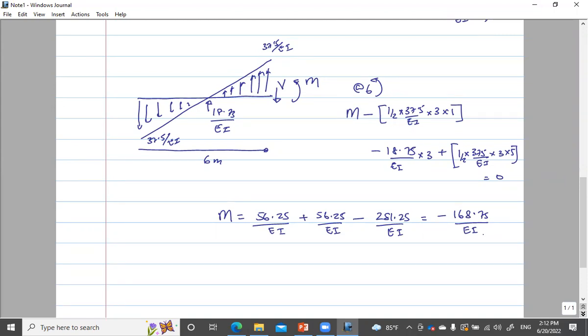Okay. Did we make any mistake anywhere? M is correct. Half 37.5 over EI into 3 is the area into 1. Correct. Minus 18.75 into 3 and plus half 37.5 over EI into 3 into 5.